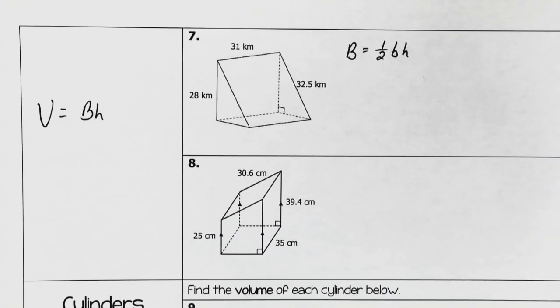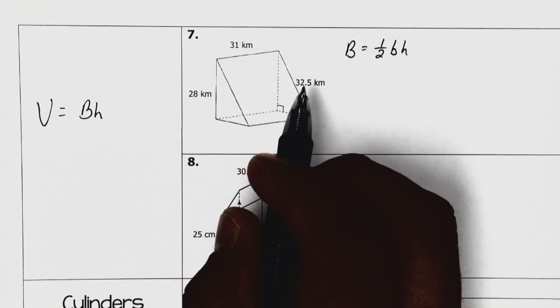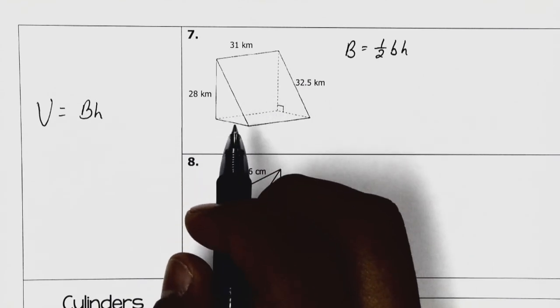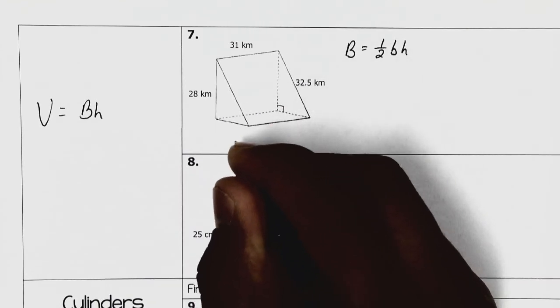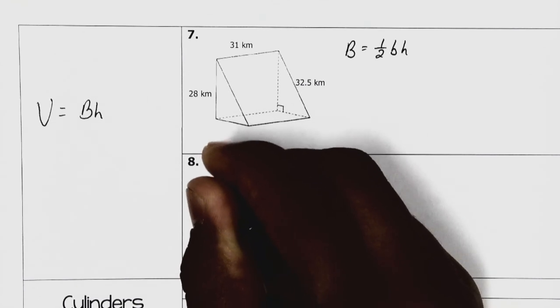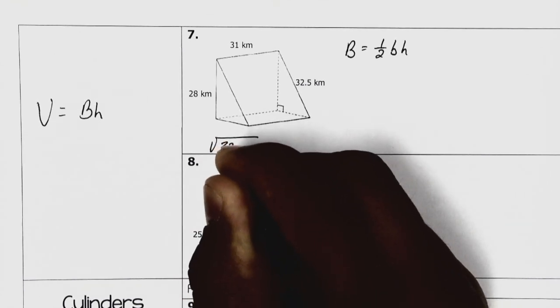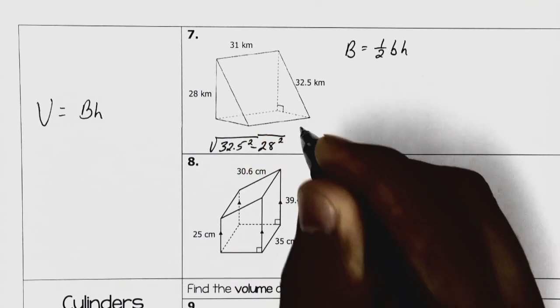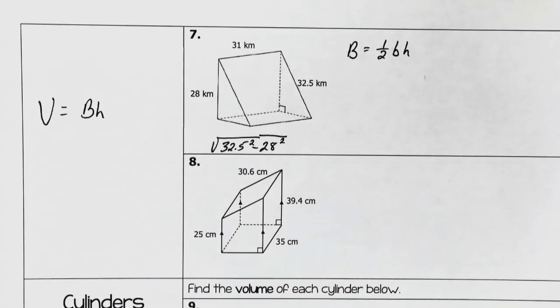So this 32.5 is the hypotenuse. So it's going to be the square root of 32.5 squared minus that 28 squared. That'll get me the length of the base.